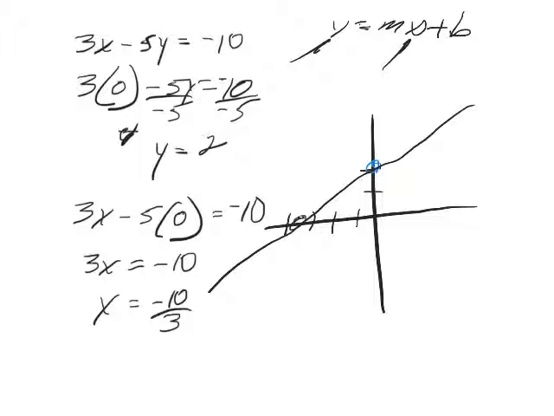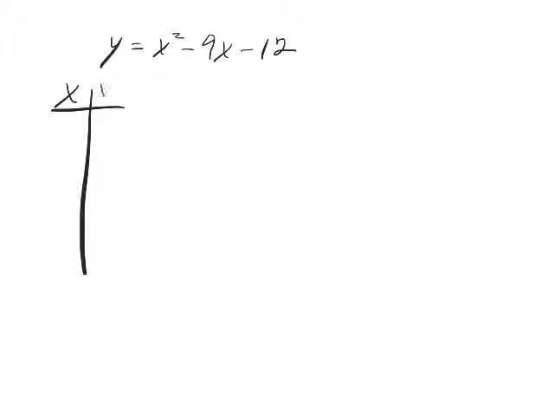Now when you get a problem like example 5, y equals x squared minus 9x minus 12, at this point, I'm assuming that you don't know how to graph parabolas. So what we're going to do is just plug numbers in for your x and y value.